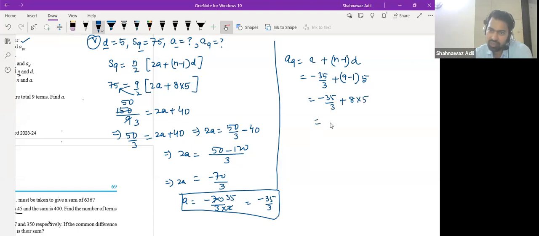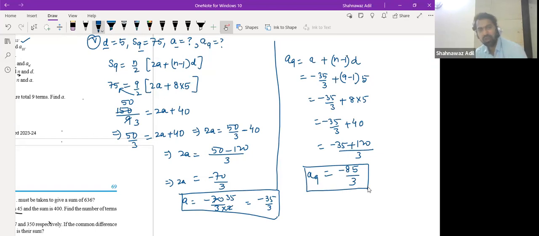So minus 35 by 3 plus 40. So this would be minus 35 by 3, and 3 is the LCM, plus 120 by 3. So this is how much? 85 by 3. Okay, Rifa, understood?